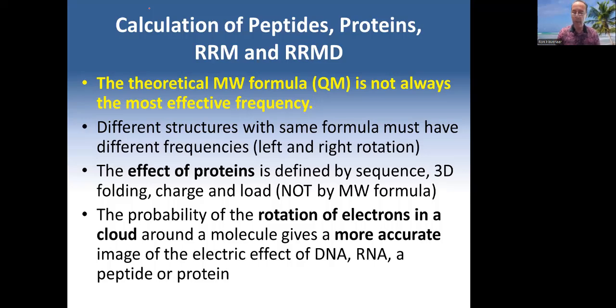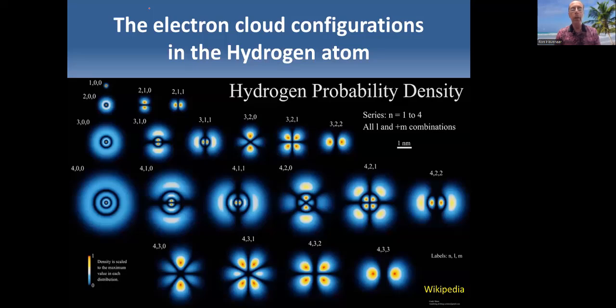So that must give us extra accuracy if we know the way that the electron cloud is folded around the molecule. If you go to Wikipedia and find the hydrogen configuration, the electron cloud, the electron is rotating in a specific way around the nucleus.